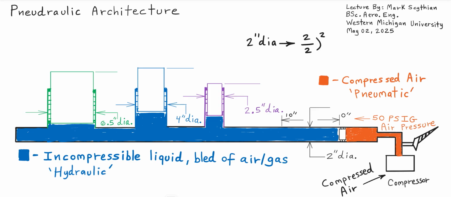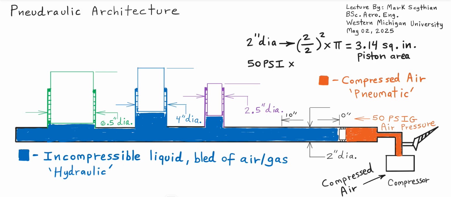So we can take the 2-inch diameter and we can divide it by 2 to get the radius, then square that value. So 2 divided by 2 is 1 inch radius squared times pi means the small piston input has a piston area of 3.14 square inches of piston area.